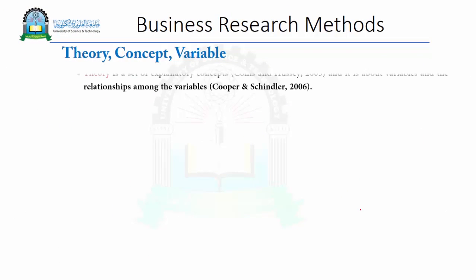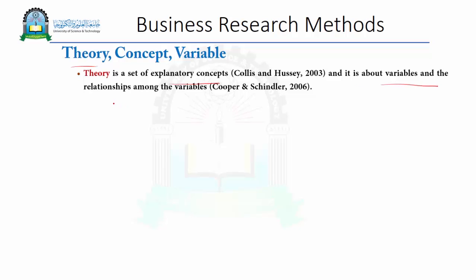Last time we talked about the theory, the concept, and the variables, and now we talk about it again because it is related to the development of theoretical and conceptual frameworks. So we said the theory is going to be explanatory concepts, according to Collins and Hussey, and it is about the variables and the relationships between or among the variables, according to Cooper and Schindler.